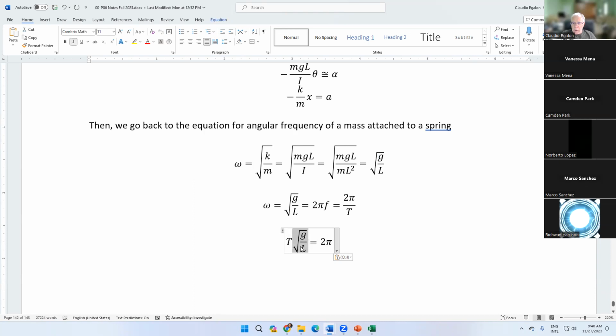I go ahead and pass this term to the other side, L over g. And here, that's what we end up having for the period of the simple pendulum.